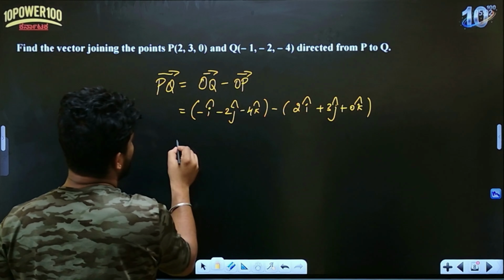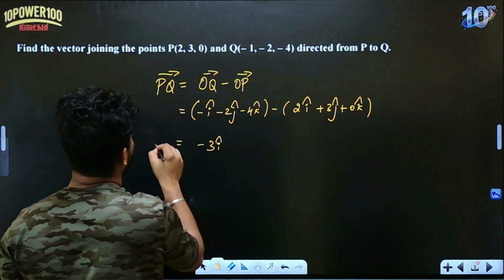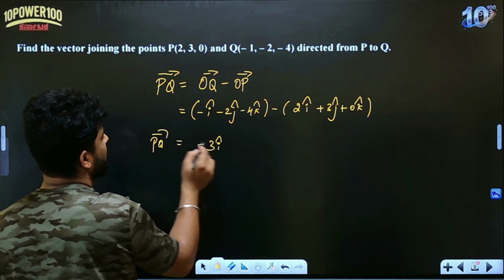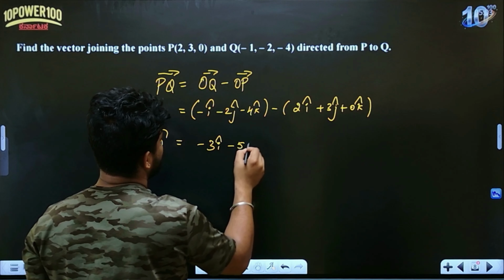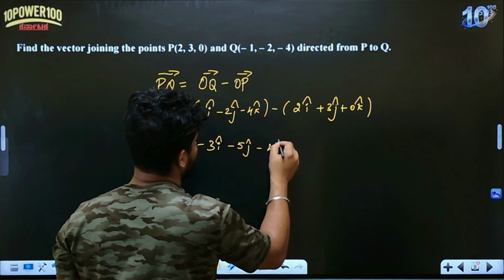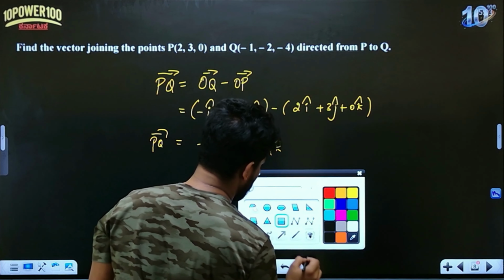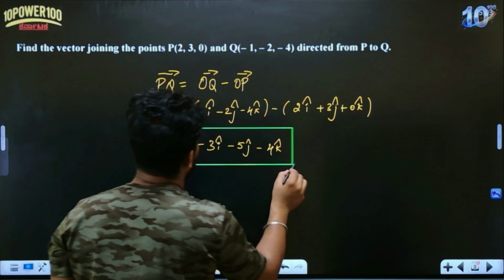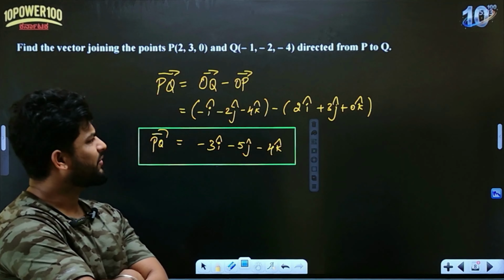If we solve this, minus 2 minus 3 is minus 3i cap, minus 2 minus 3 is minus 5j cap, and next minus 4k cap. So vector PQ is equal to minus 3i cap minus 5j cap minus 4k cap. That's it, very simple question.